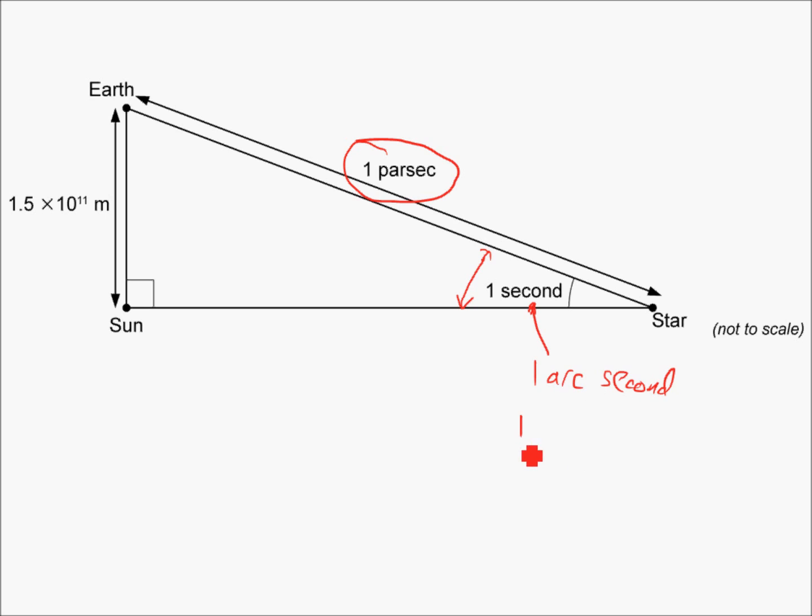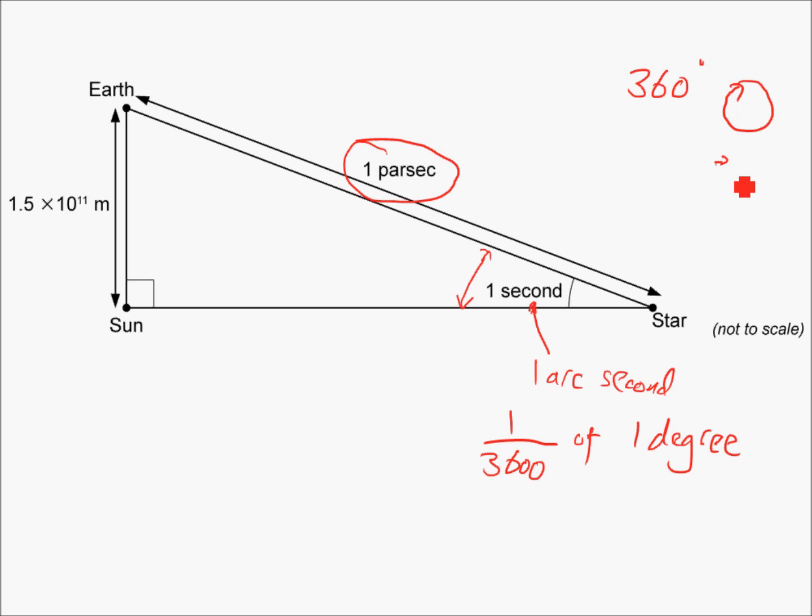So that is 1/3600th of 1 degree. When we talk about 360 degrees in a full circle, well, if you have 1 degree, this is 1/3600th of 1 degree. And this parsec is useful as an astronomical unit.